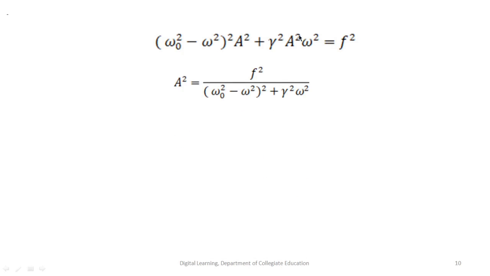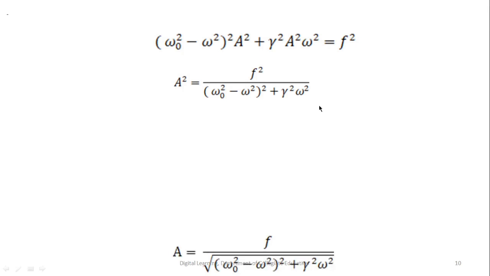Taking a square as common outside, only omega naught square minus omega square whole square plus nu square omega square remains. Dividing by this on both sides, we get a square is equal to f square divided by omega naught square minus omega square whole square plus nu square omega square.